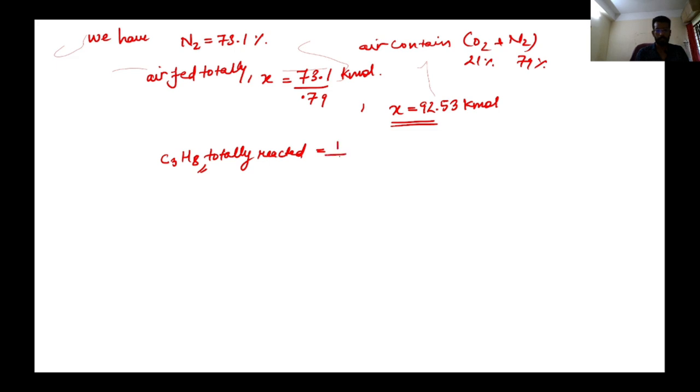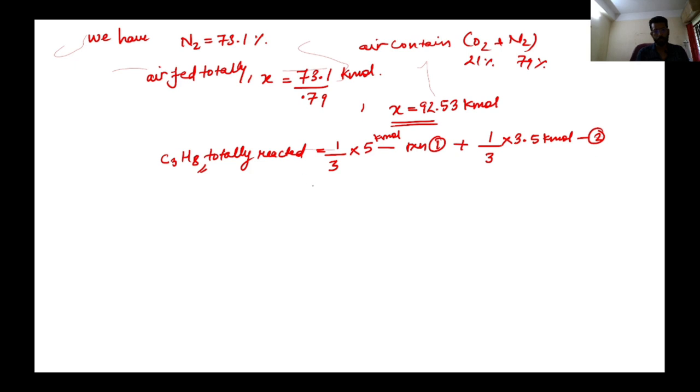So 1 divided by 3, the stoichiometric coefficient of CO2, into the quantity of CO2, that is 5 kilomole from the first reaction, plus in the second reaction 1, the stoichiometric coefficient of C3H8, divided by 3, the stoichiometric coefficient of CO, into 3.5 kilomole quantity of CO, by reaction 2.